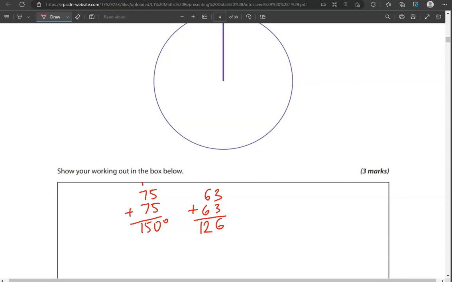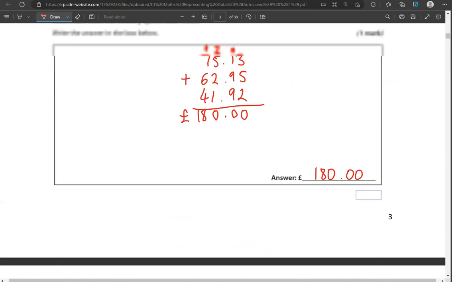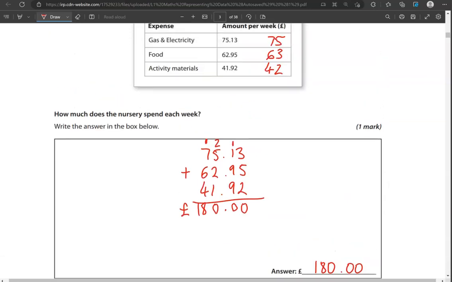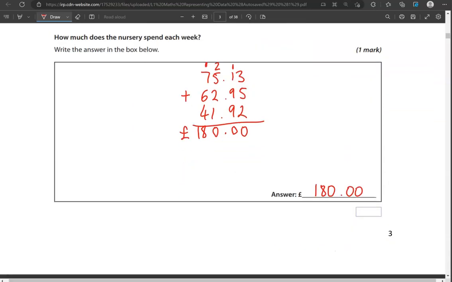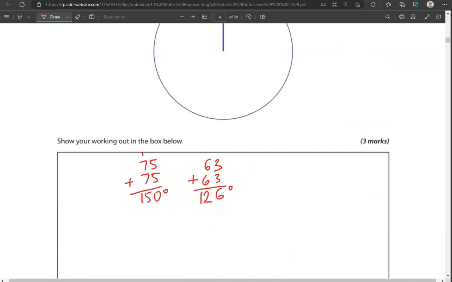So that gives us 126 degrees. And finally, for activity materials, I'm going to do 42 and 42, which is 84 degrees.